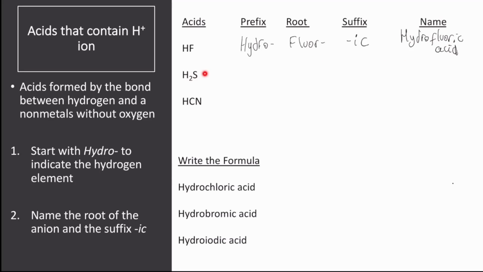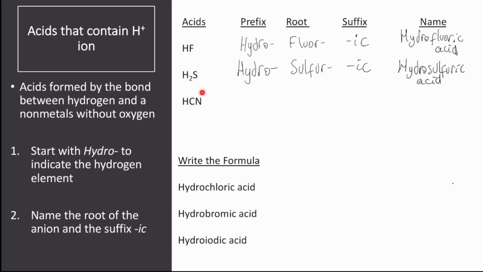Next we have H2S. So again we put the same prefix hydro, and the root of sulfur would be sulfur. The suffix ic, and putting it all together, is hydrosulfuric acid. The next one is actually an acid that has more than two types of atoms.